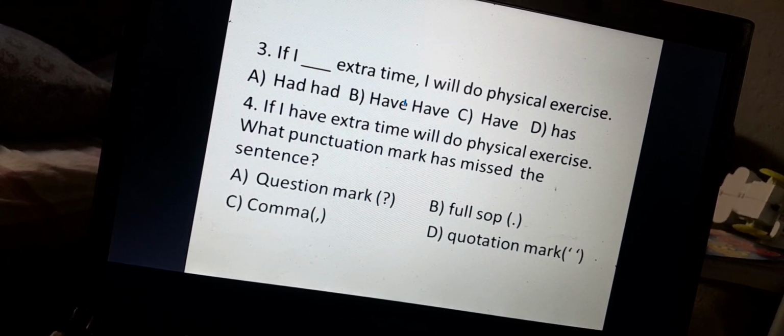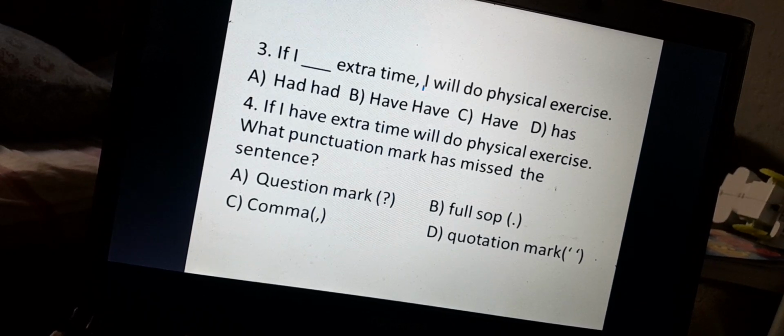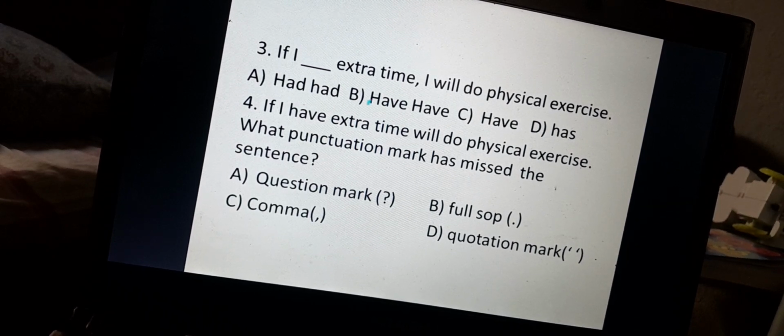So the appropriate alternative to fill the blank space, this is conditional type 1, because here the if clause is the blank space, but the main clause has been given to us fully.